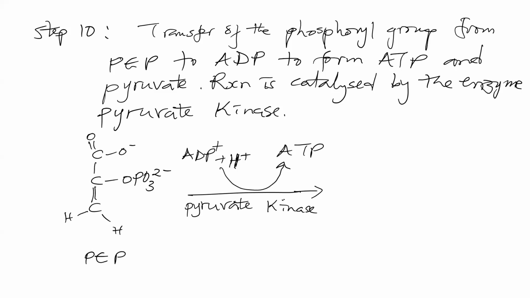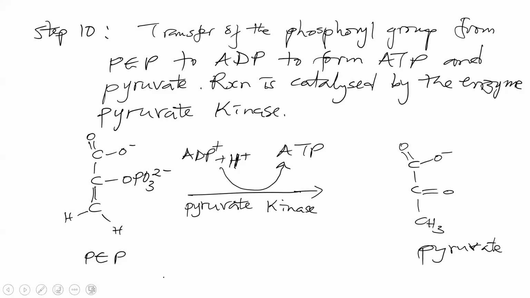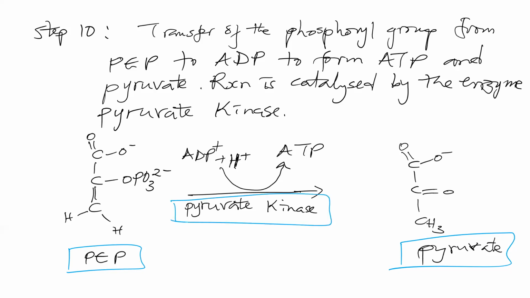And then we are producing the end product, which is pyruvate. So here we have pyruvate and the phosphoenolpyruvate, and then we are getting pyruvate this time. Okay, so these are the 10 steps of glycolysis.